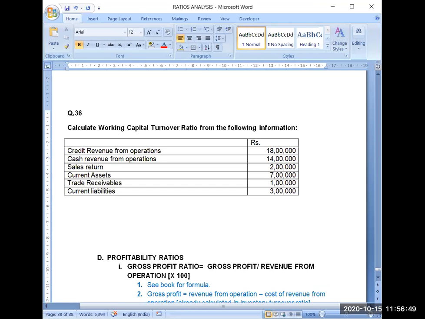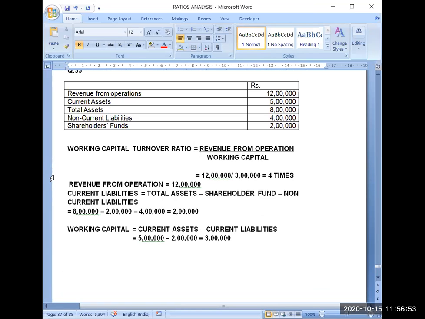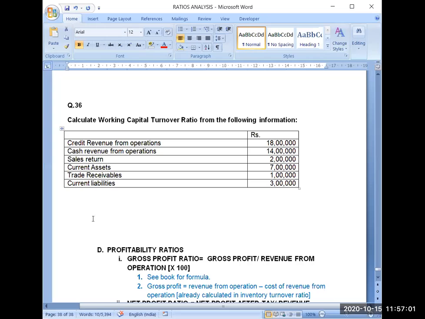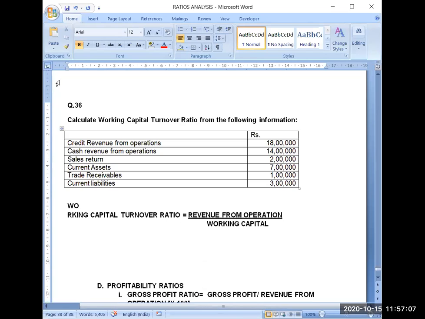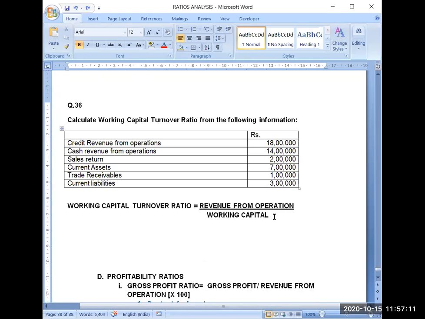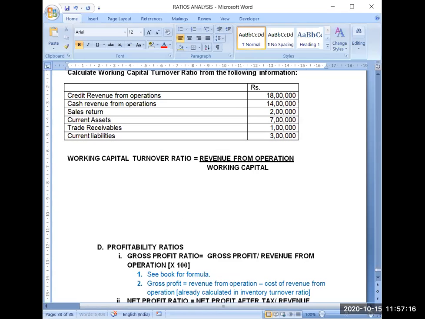Now first thing, I will write the formula here for working capital turnover ratio, and then I will start the question. Only the formula will guide you how to proceed in the question. Now, first I will calculate revenue from operation.